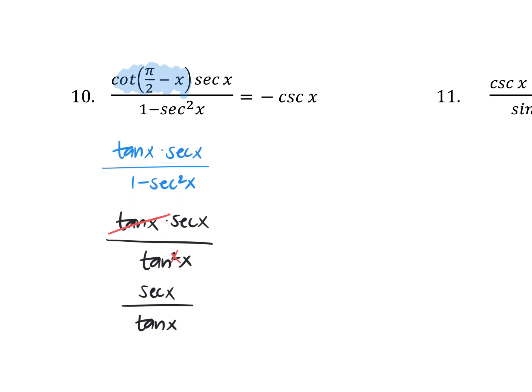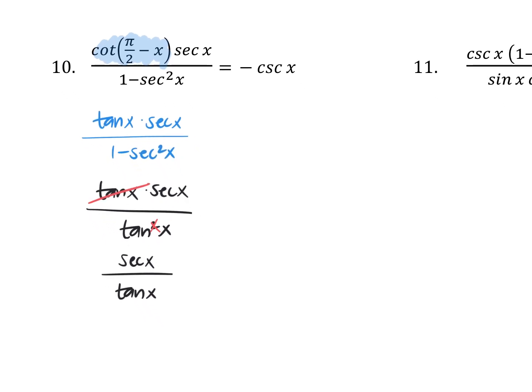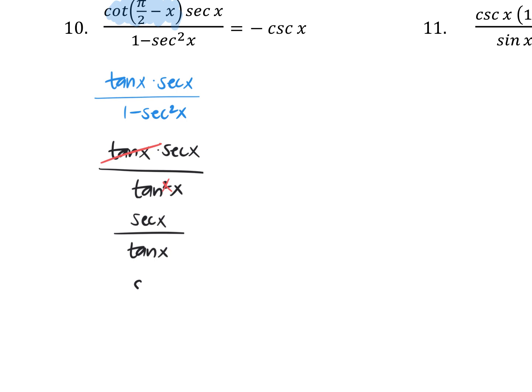Now, again, there's more than one way that you could have done this, but now I would go ahead and change this into, well, we could do one of two things actually. I just thought of another way that we could do this. Because tangent, if you look at your number 7, tangent is secant over cosecant. I'm going to try it that way. This probably isn't how you guys did it. That's okay though.